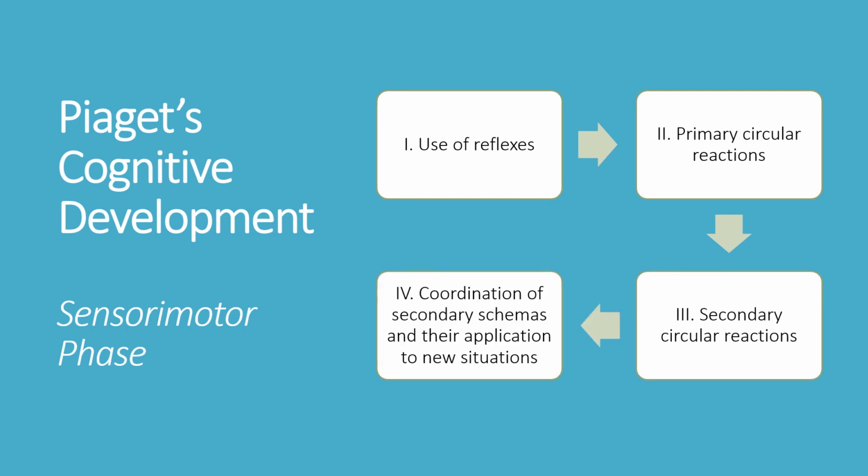And the fourth stage of this phase is the coordination of secondary schemas and their application to new situations. So this is where the infants are using previous behavioral achievements primarily as the foundation for adding new intellectual skills to their expanding repertoire. This stage is largely transitional.